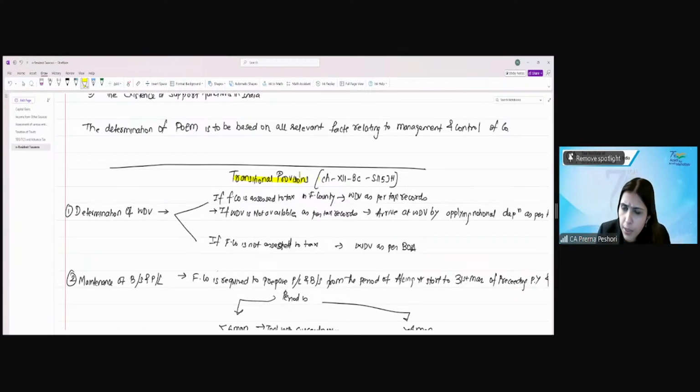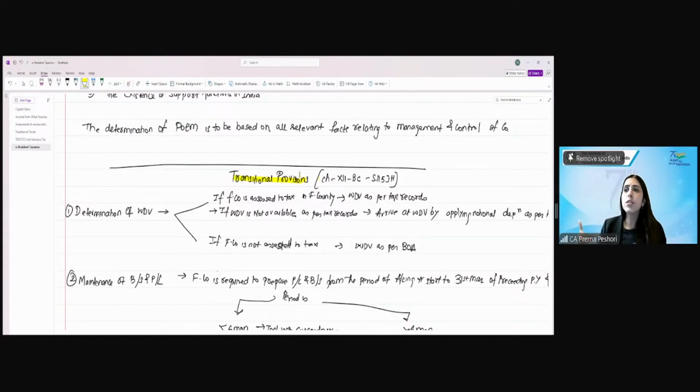You will be allowed the depreciation, and the set off and carry forward of losses, right? You will have to prepare the books of accounts, profit and loss account, and balance sheet as per the Indian accounting principles, isn't it? Or for the tax purpose also. For all these, the transitional provisions are introduced under section 115JH, Chapter XII-BC.